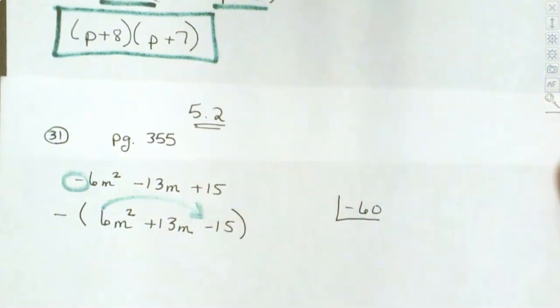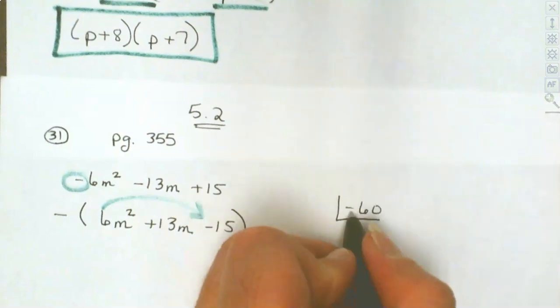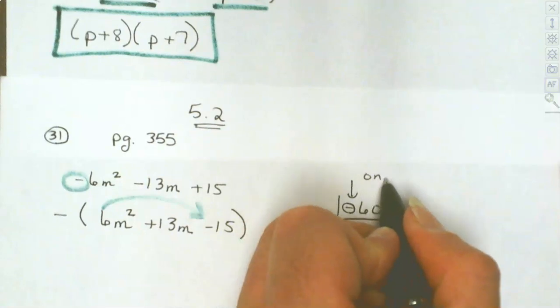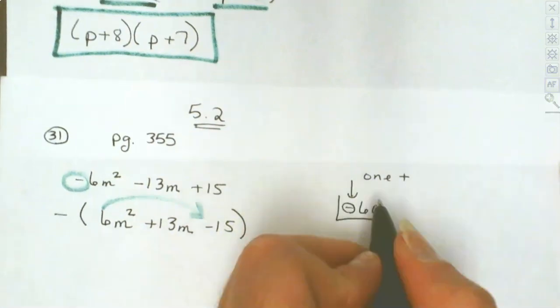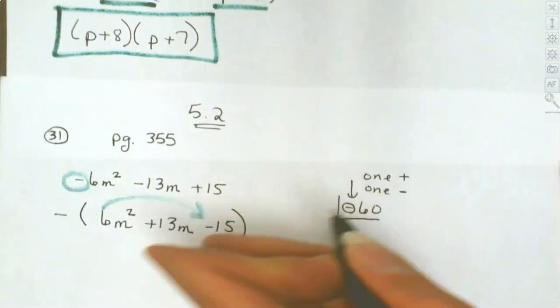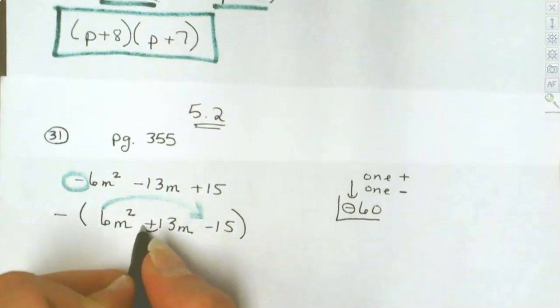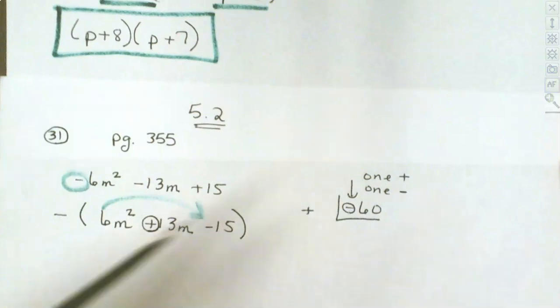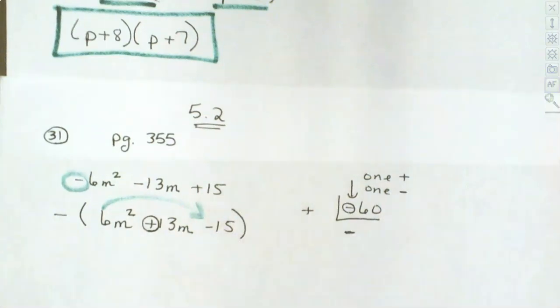Now, what do we know? Well, since this is negative, that tells us one number is positive, one number is negative. What's the sign in the middle? Positive. So we need a positive, and we need a negative. 6 times negative 15, negative 90.